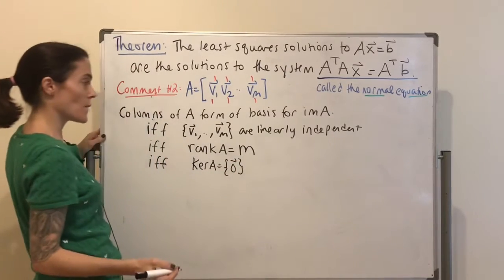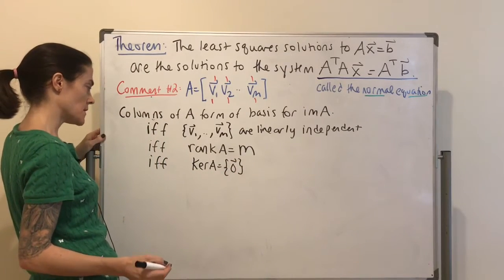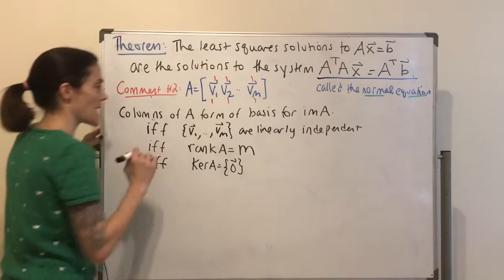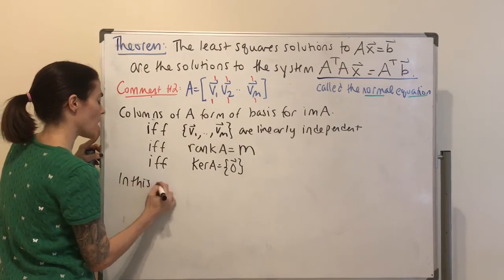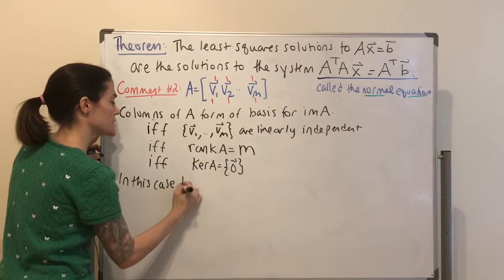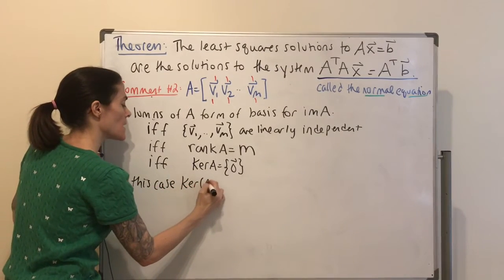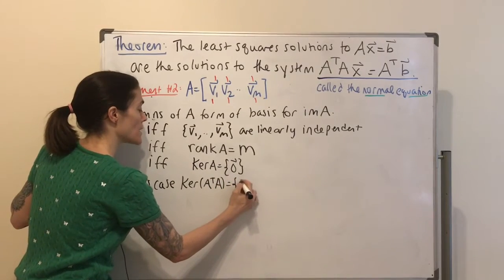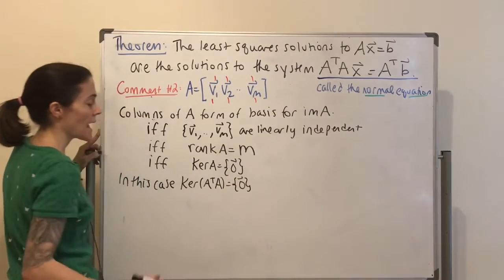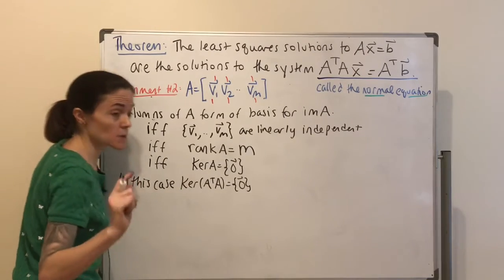There are a few ways to say all of this, but in this case, and this is what I want to talk about, the kernel of A transpose A is also 0, and A transpose A is square.